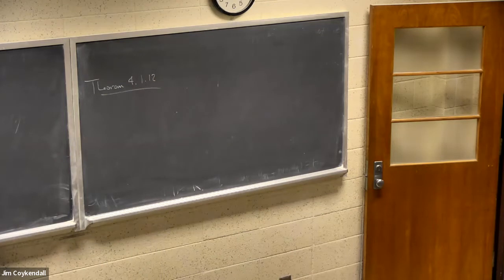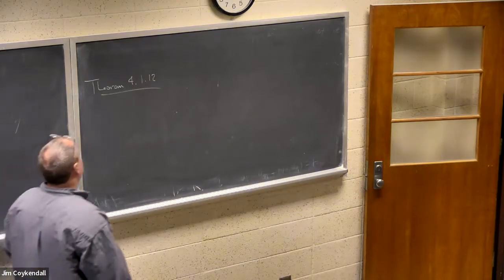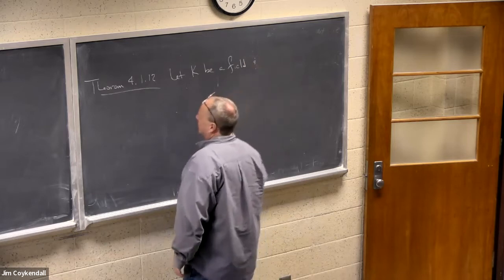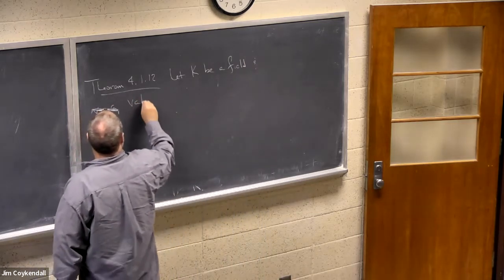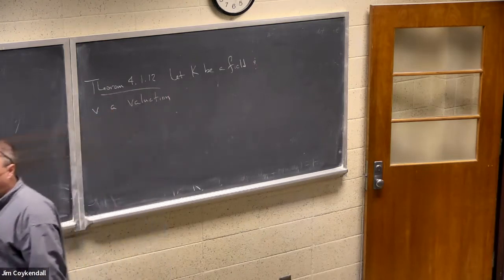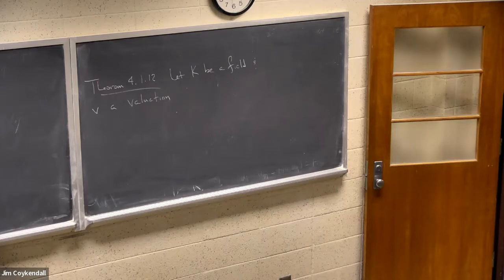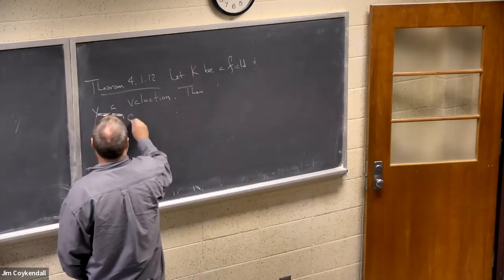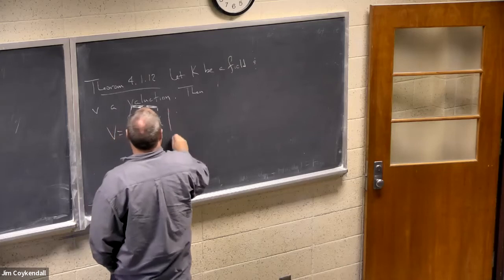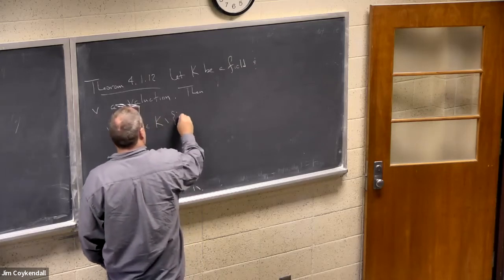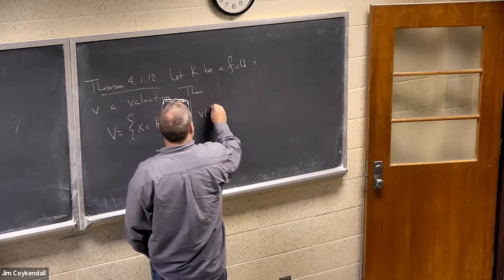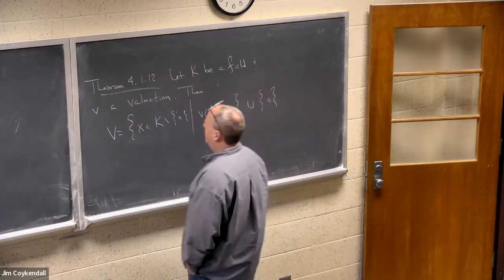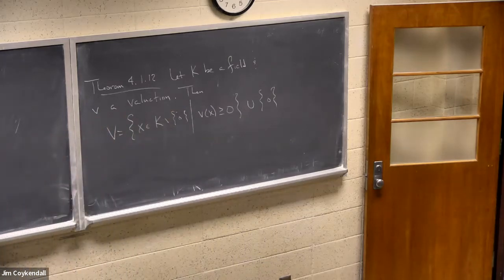Let K be a field with a valuation V. The set of elements X in K such that V of X is greater than or equal to 0 is a valuation domain.